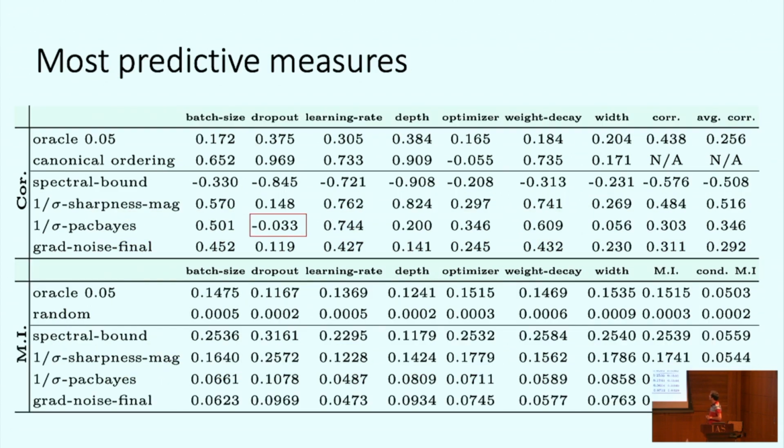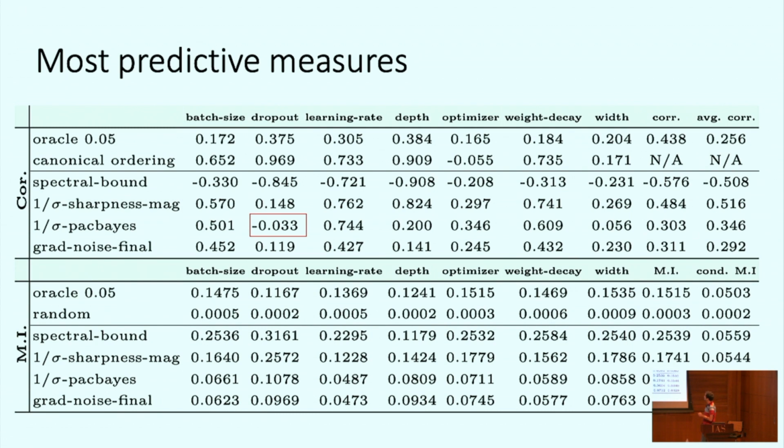So overall, I can say that there are 4 measures that are indicative of generalization. One was the product of spectral norms, which of course had the opposite direction, but is still very informative. We have to figure out why. The other measures are sharpness based on magnitude, PAC-Bayesian bound, and gradient noise. All of these measures are consistently positively or negatively correlated with different hyperparameters, except PAC-Bayes, which didn't capture dropout.